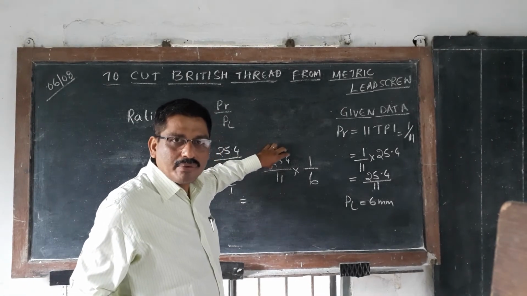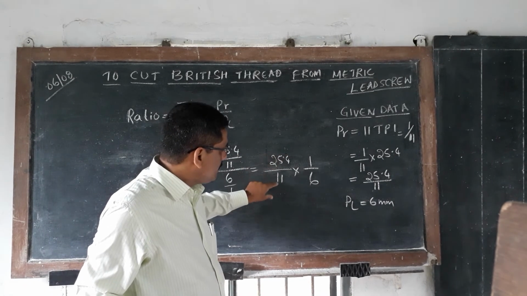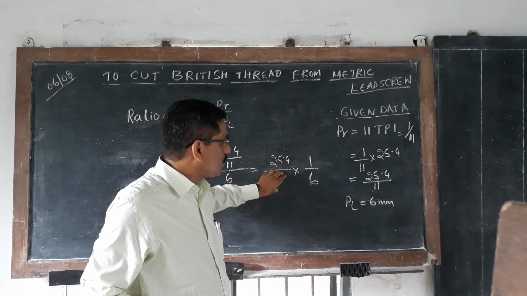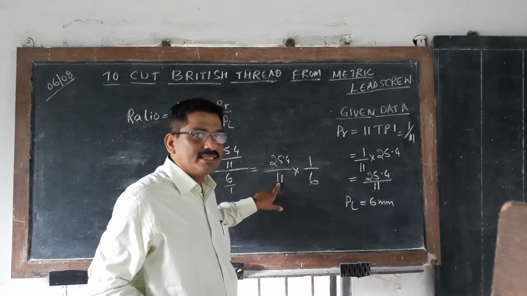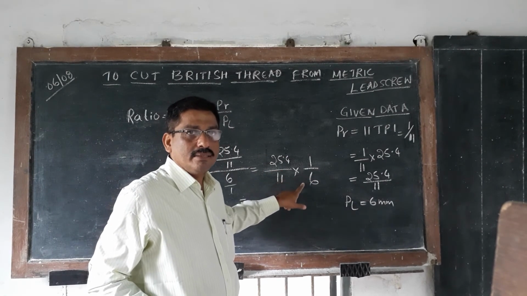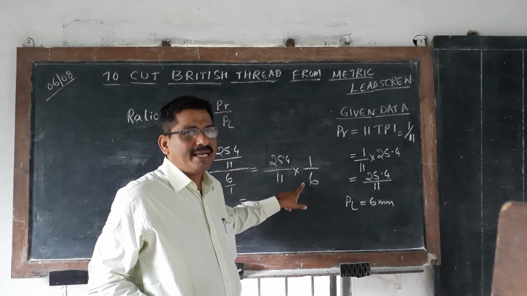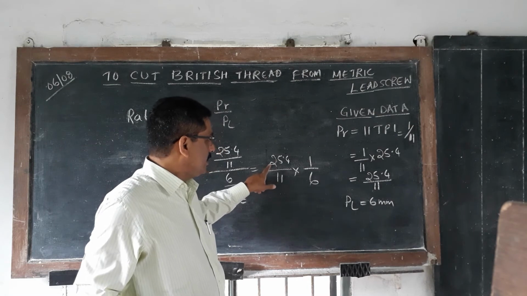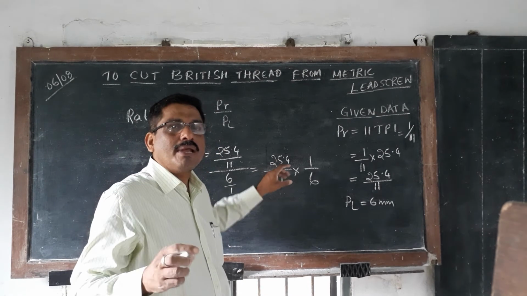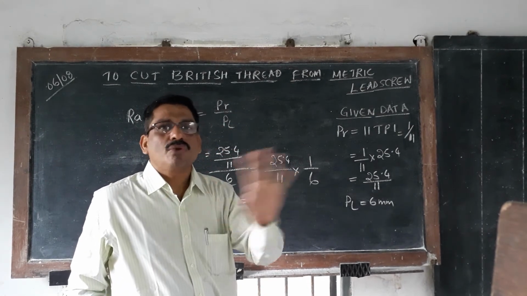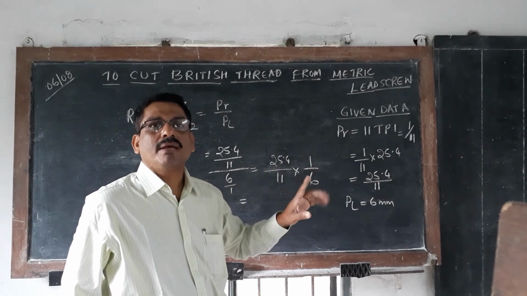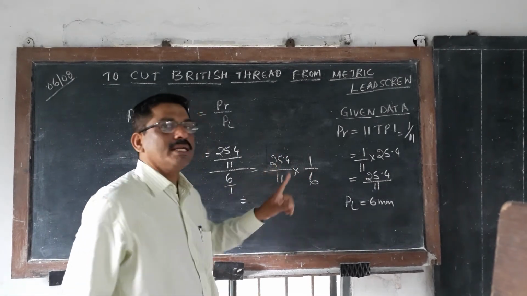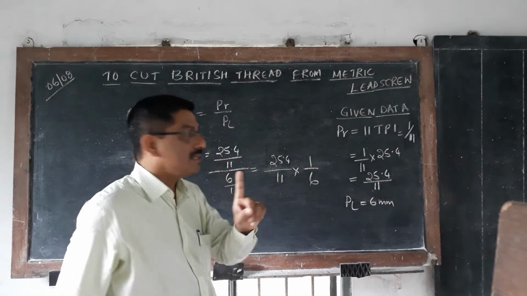You can't take 6 here, because that becomes less. 5 into 6, 30, is possible. But here you have to multiply by 5 only, always by 5 only. Then only you will get the 127 gear, otherwise it is not possible.